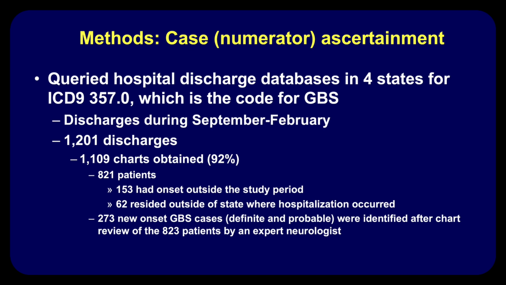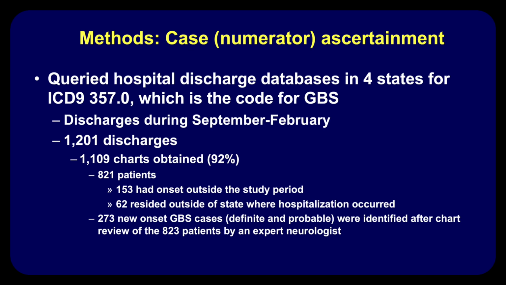And in those 4 states, using hospital discharge data, we identified about 1,200 discharges of Guillain-Barré syndrome. If you'll remember back to the Sparks data lecture, you'll recall that it captures hospitalizations, not people.